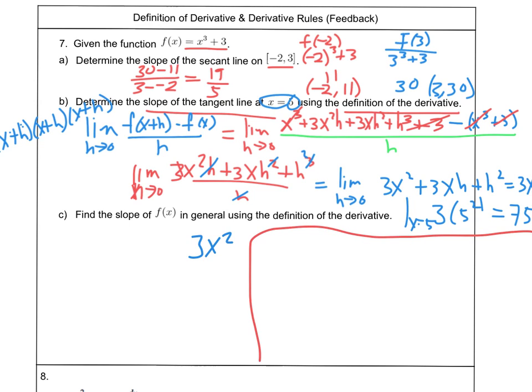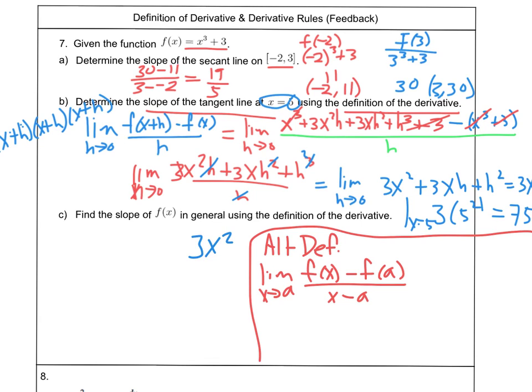If you want to use the alternative definition of derivative at a point, that's the limit as x approaches a of f of x minus f of a divided by x minus a.